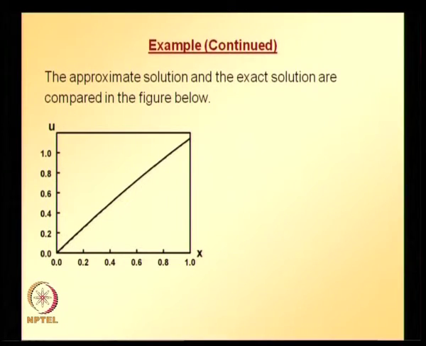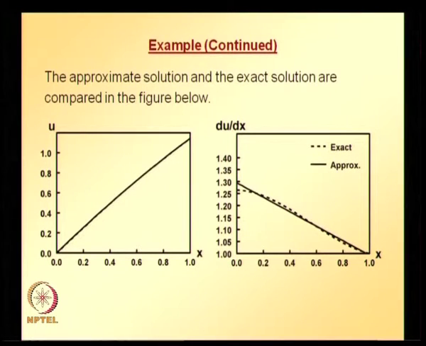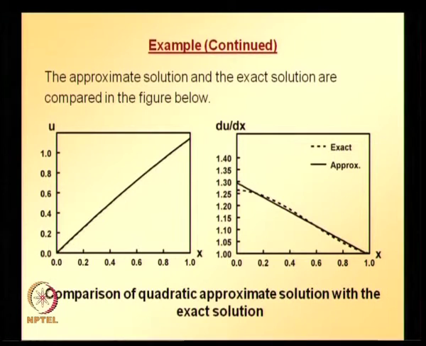So that is why you are unable to make any distinction between approximate and exact, but if you take the derivative you can clearly see some error in the approximate solution when compared to the exact solution. And please remember that whatever approximate solution we got here is based on the quadratic trial solution that we started out with.